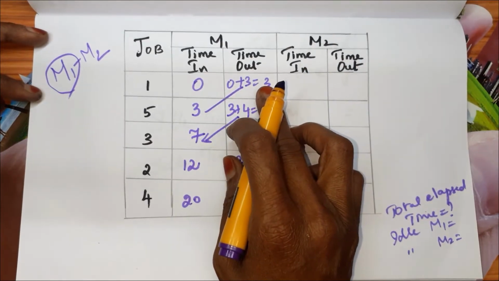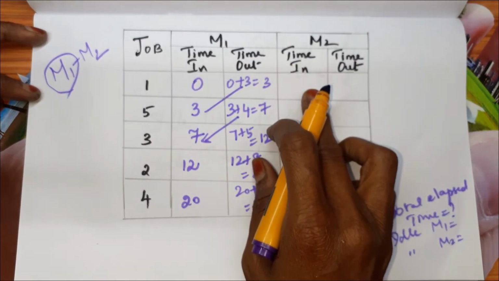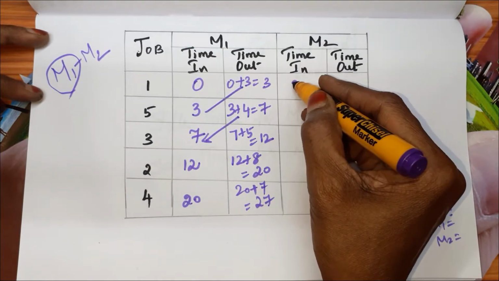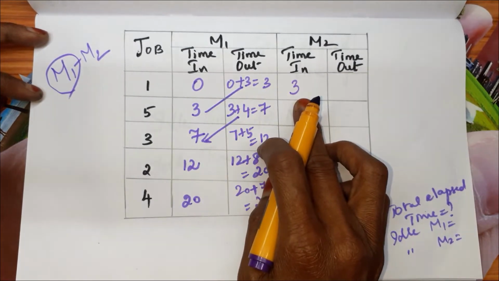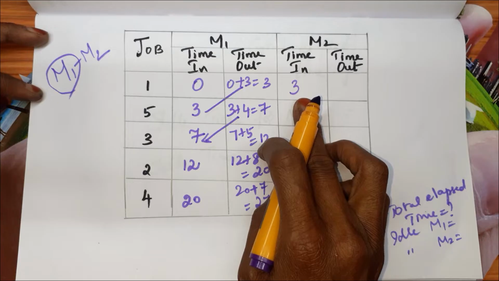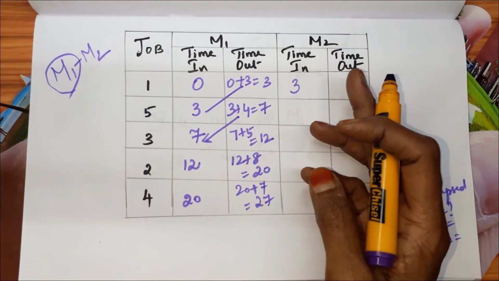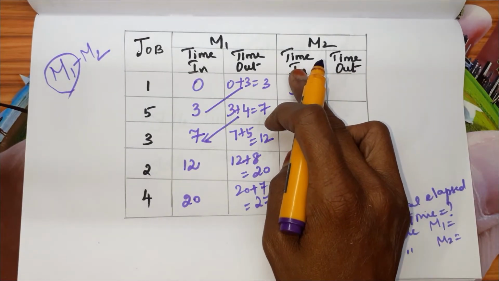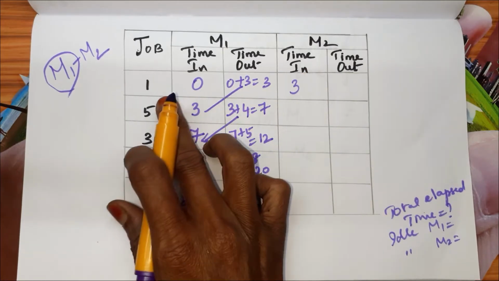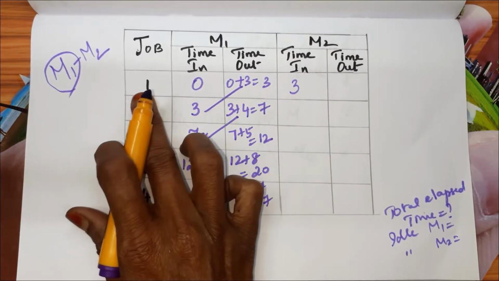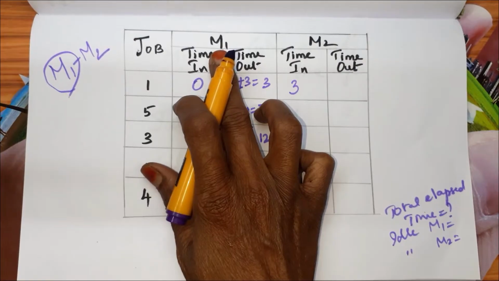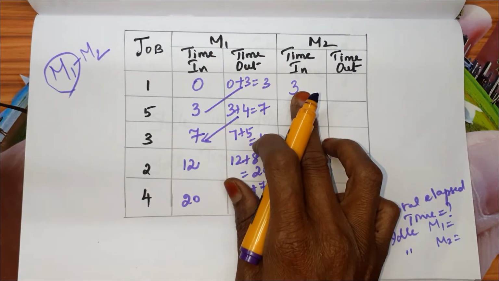After completing here it has to move on to the next machine. So after the 3rd hour it has to move on to the next machine. Before that we are not able to process this at the 0 hour, because from 0 to 3 it has to be processed in machine 1. So after the 3rd hour we have to start here.